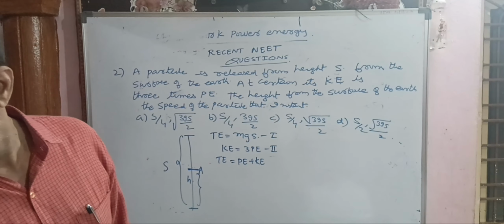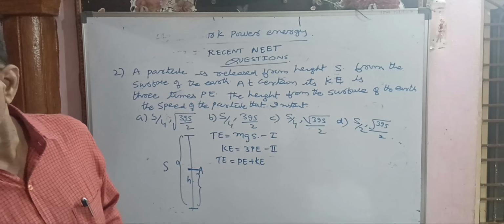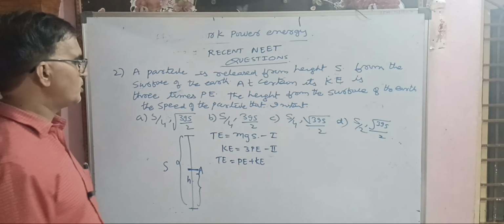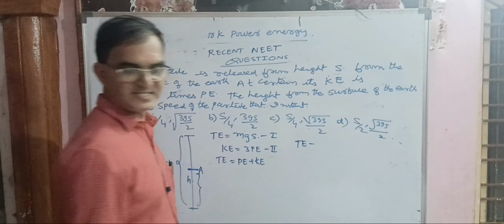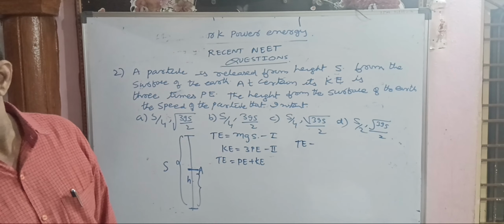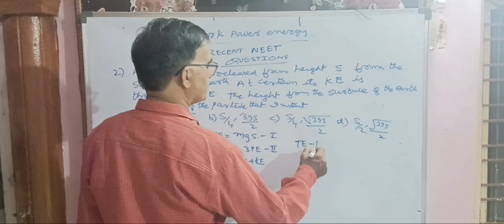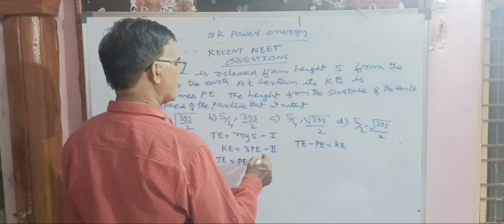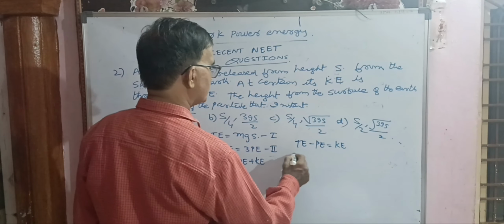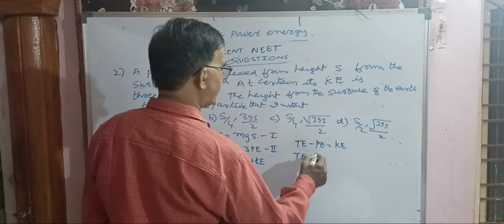So here, total energy minus potential energy is equal to kinetic energy. But what is the condition here? Kinetic energy is equal to 3 times potential energy.